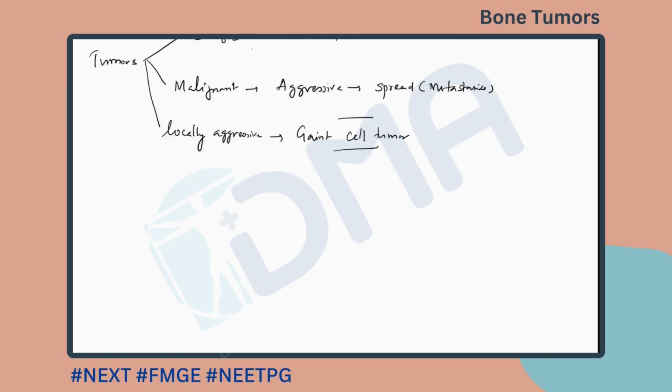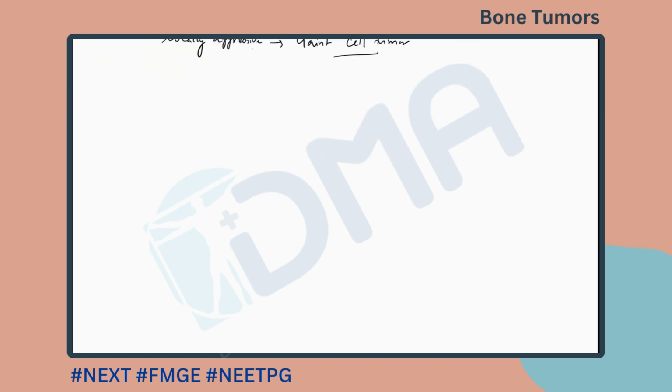Now, with this background, we will go into the further details of bone tumors. This diagram will tell you the parts of the bones.